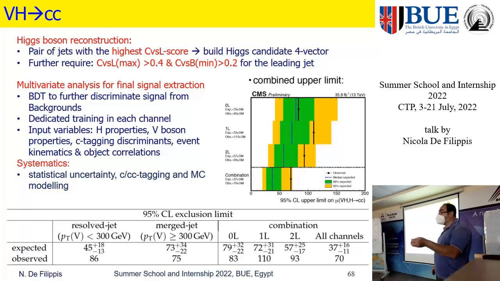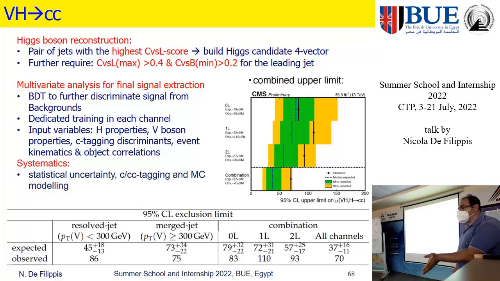So they are much more difficult to discriminate from light quark jets. That's why we are not sensitive enough to observe the decay of the X to c cbar. But this will happen, with the new data from Run 3 and with the high luminosity LHC.